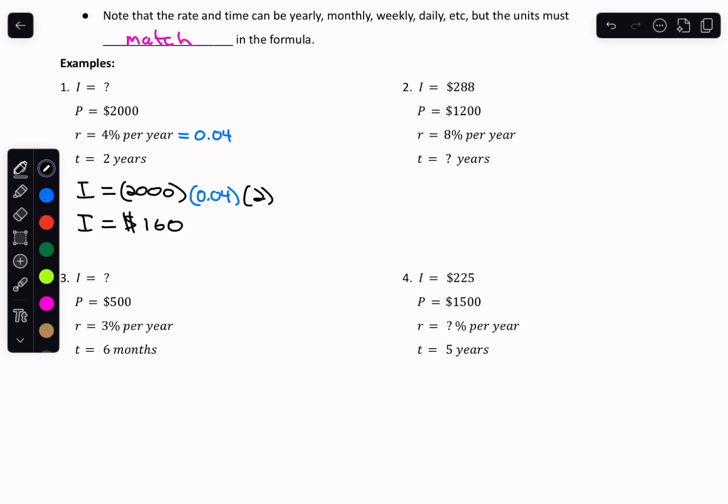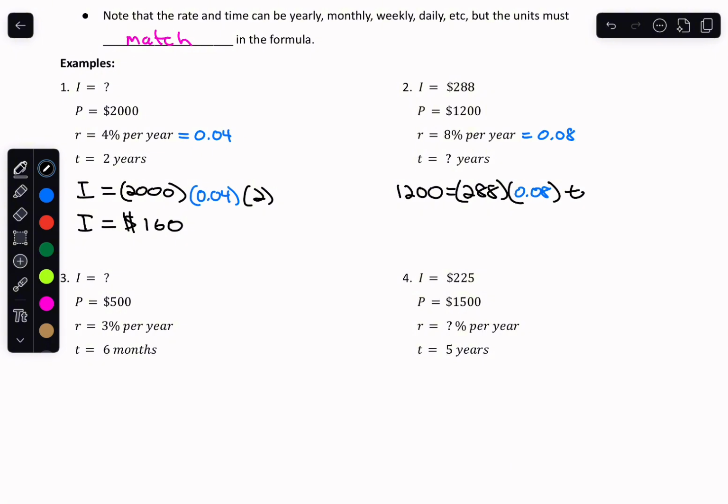So we're going to have that the interest, which is 1,200, is equal to the principal multiplied by the interest rate, which we have to convert here. 8% is really 0.08 because we moved the decimal twice to the left. So 0.08. And then since we don't know what t is, we're just going to leave it as the letter t. So now we need to solve for that variable t.